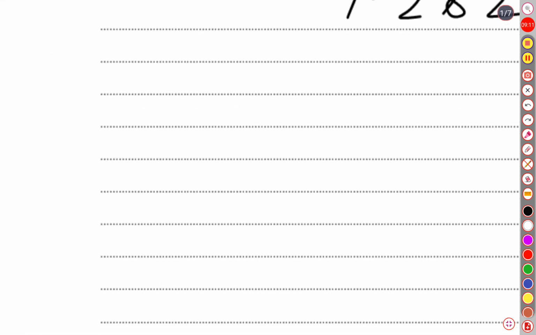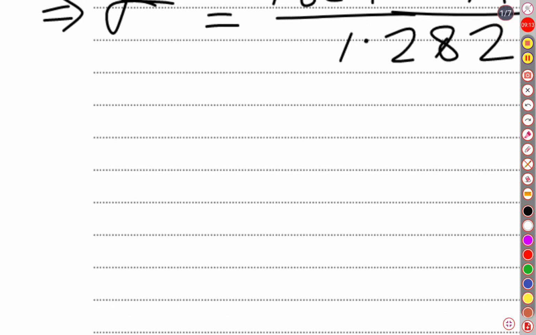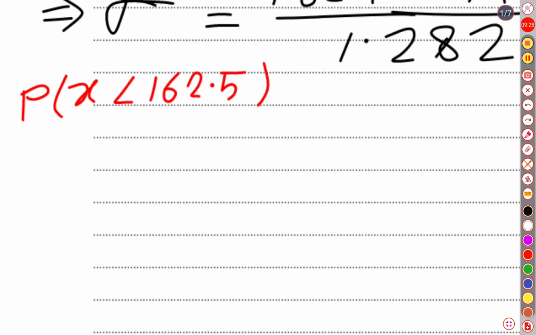Probability of x less than 162.5 is 0.4, since 40% means 0.4.